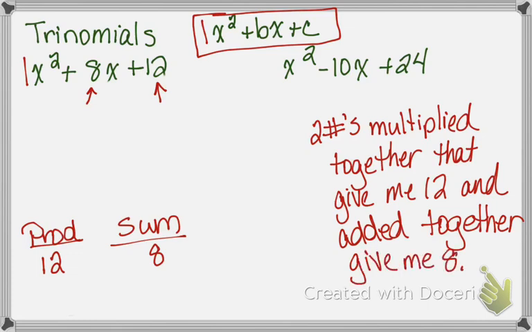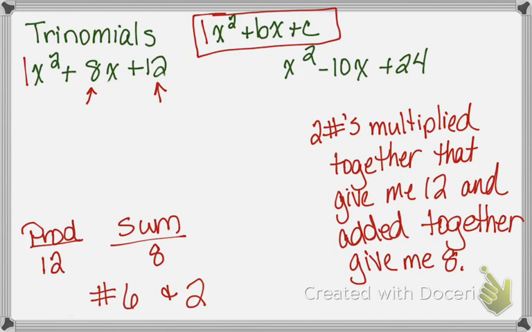Two numbers multiplied together that give me 12 and added together give me 8. You're absolutely right. So the numbers are 6 and 2, because 6 times 2 is 12 and 6 plus 2 is 8.